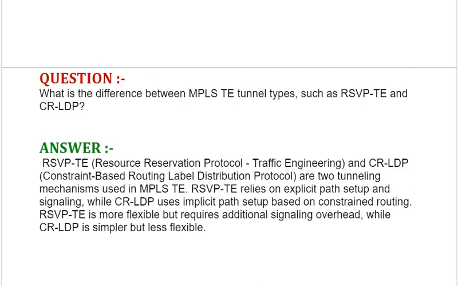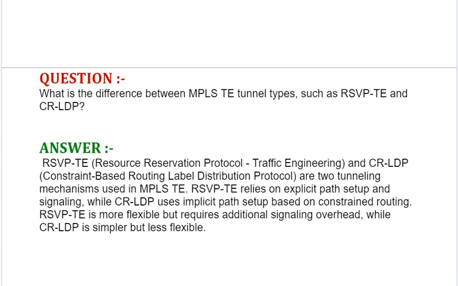Our next interview question is: what is the difference between MPLS-TE tunnel types such as RSVP-TE and CR-LDP? Your answer should be: RSVP-TE (Resource Reservation Protocol Traffic Engineering) and CR-LDP (Constraint-based Routing Label Distribution Protocol) are two tunneling mechanisms used in MPLS-TE.